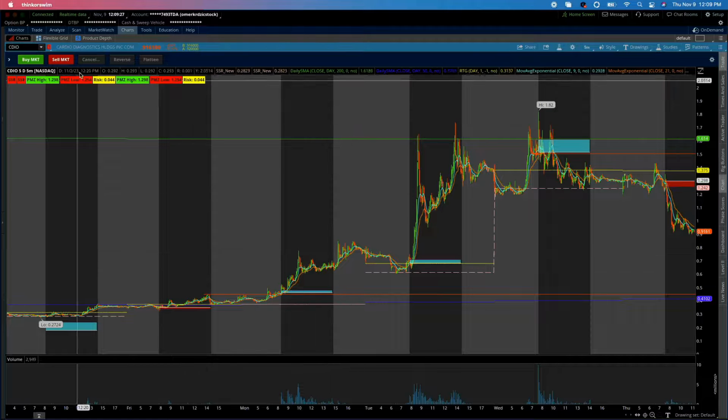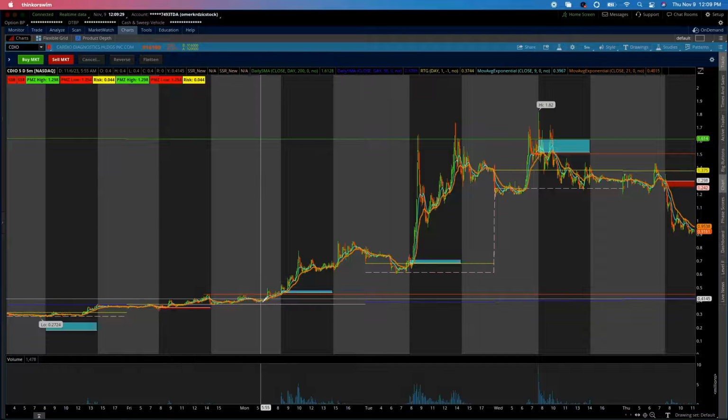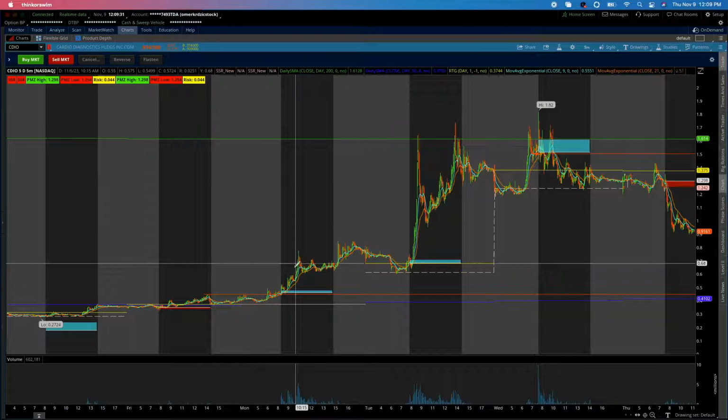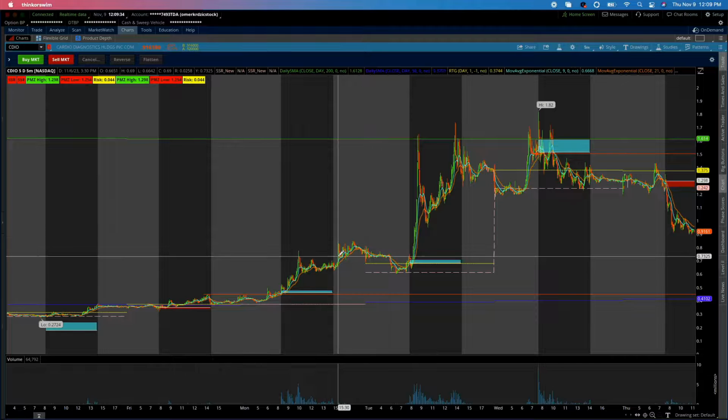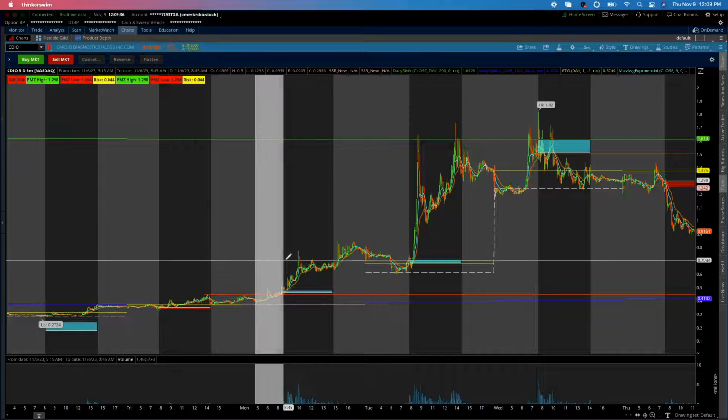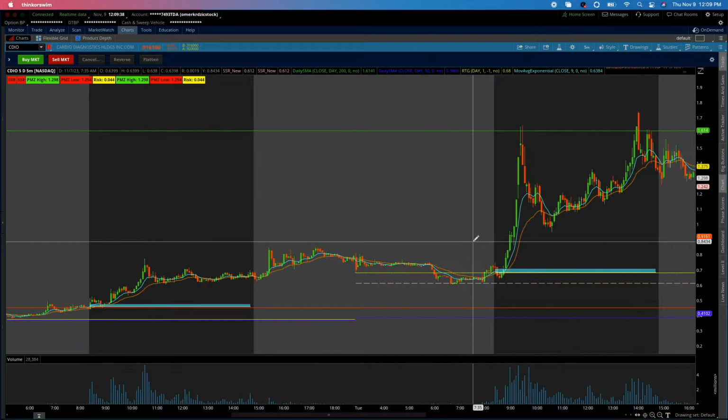Who's to say that CDIO might not make a crazy move, especially considering we were doing over 100 million volume this day? Well, now I have a directional bias. I have a reason to enter the trade. What sort of tools can I use to manage my risk and give me a good, safe entry?